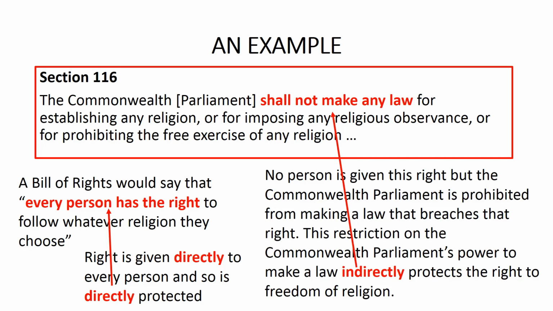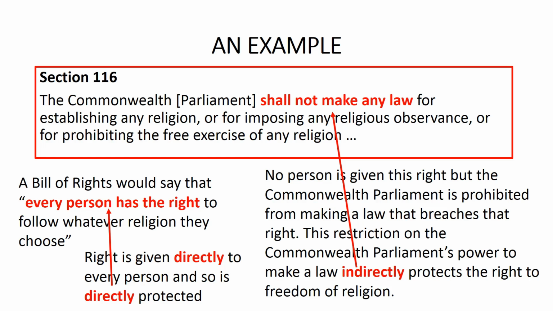But in Australia, you can see that section 116 isn't drafted in such a way as to give individuals the right to freedom of religion. What section 116 says is that the Commonwealth Parliament must not make a law that restricts freedom of religion.